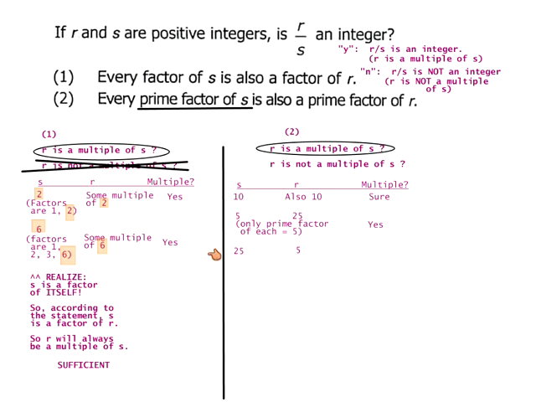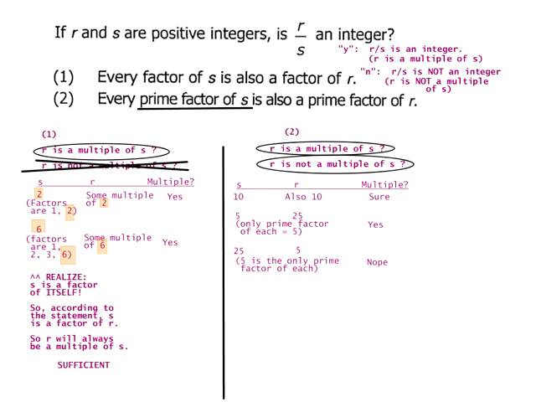Last time this wouldn't have worked in the other statement, because we would have had to consider 25 also as a factor of R, but not this time. So here, 5 is still the only prime factor of each, and 5 is not a multiple of 25. So we got it to happen.